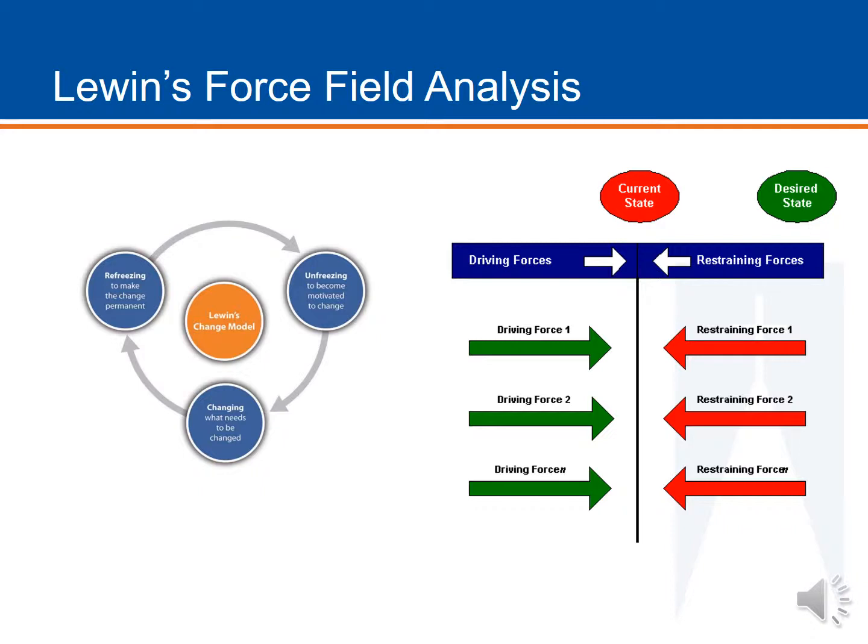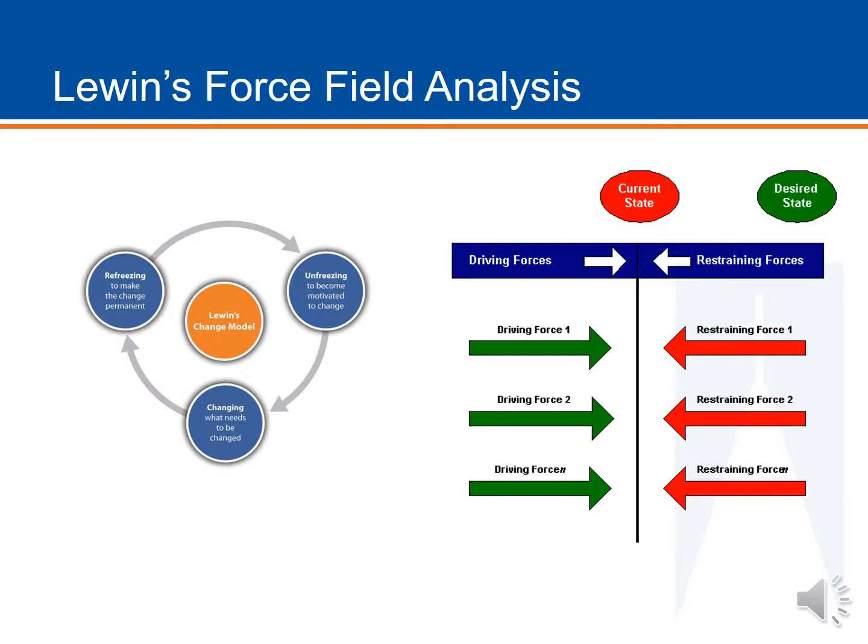So we have at the top, you see the current state. So the current state is not where we want to be. We want to be where the desired state is. And so we have these driving forces, and that might be the literature and the evidence that support this change, and many other factors that could be the driving forces that support getting this change done. But you also have these restraining forces, and those are your barriers.